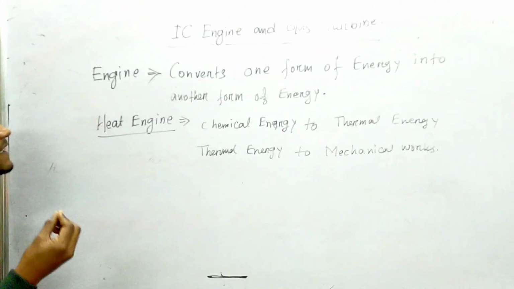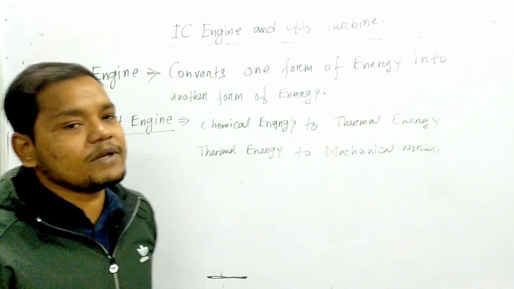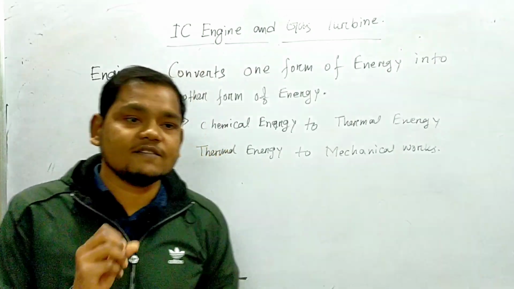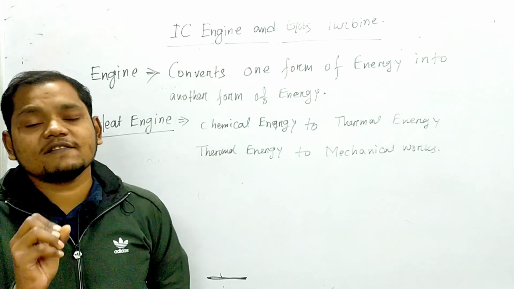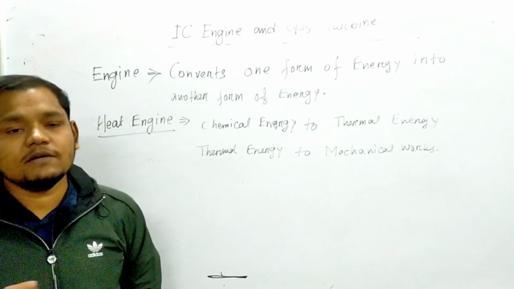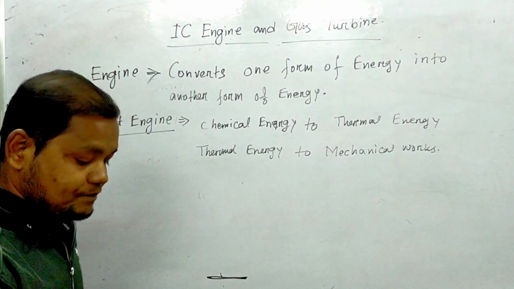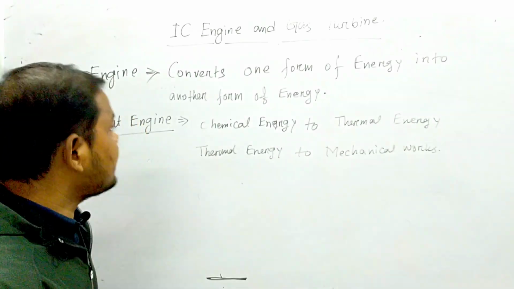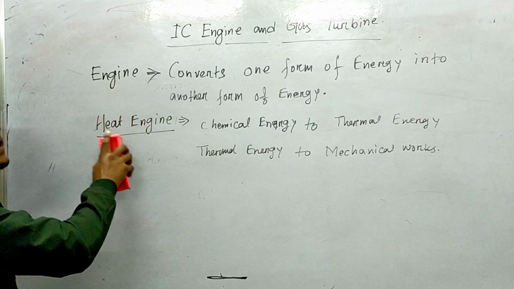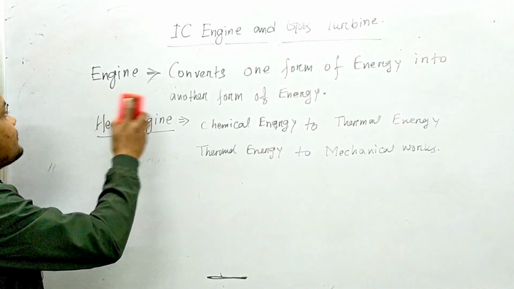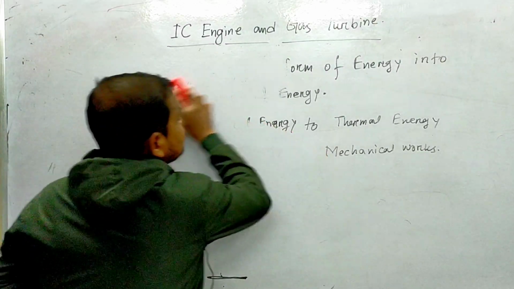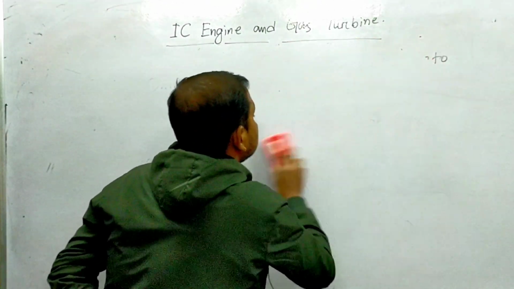What do you mean by internal combustion engine and what do you mean by external combustion engine? That is the main topic. In this course we will be discussing only IC engines and some part of the gas turbine. Now we have the basic concept of engine and heat engine.